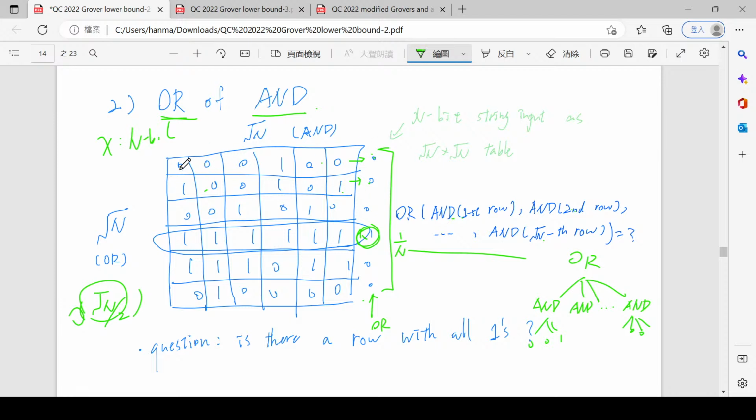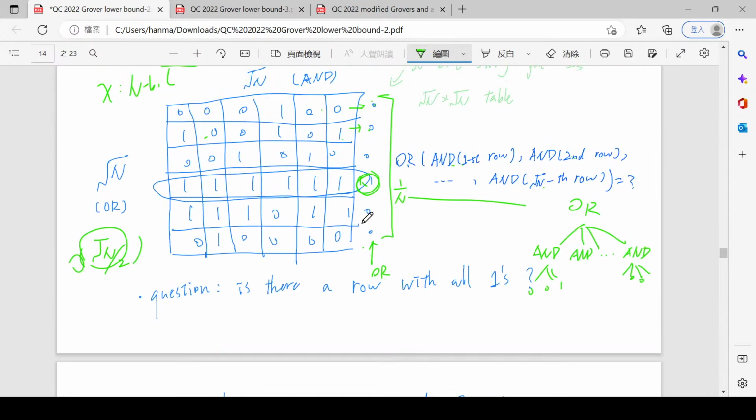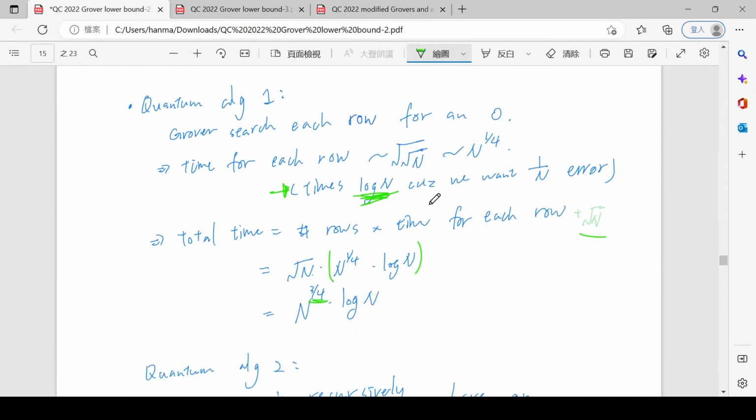Every row has square root n items, so to run Grover's algorithm you need square root of square root n, that's n to the 1/4. But you also need a log n factor because you want the error to be very small, less than 1 over n.